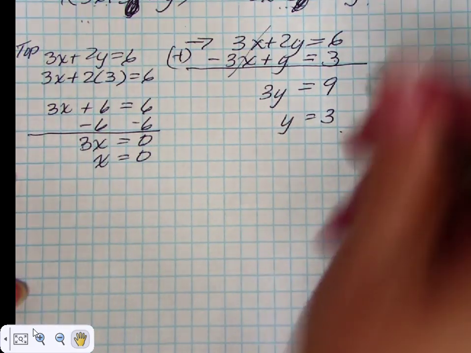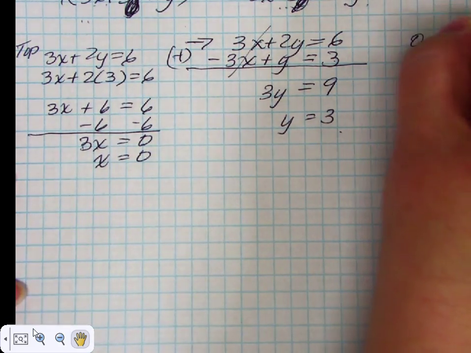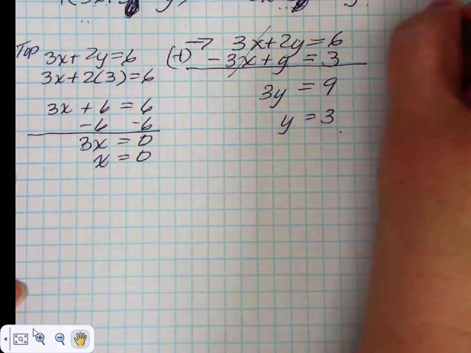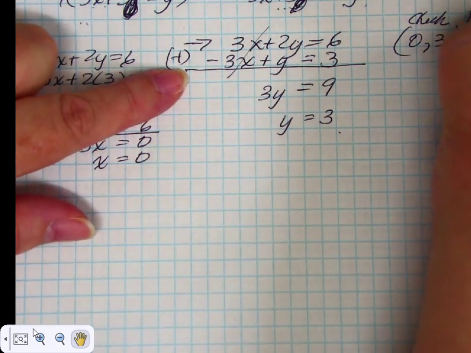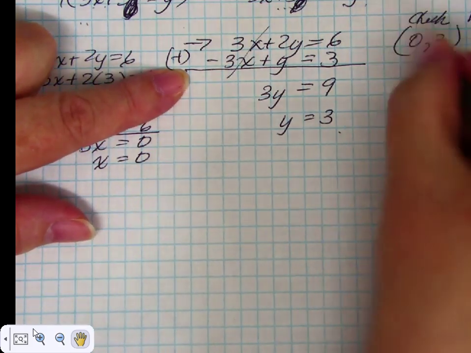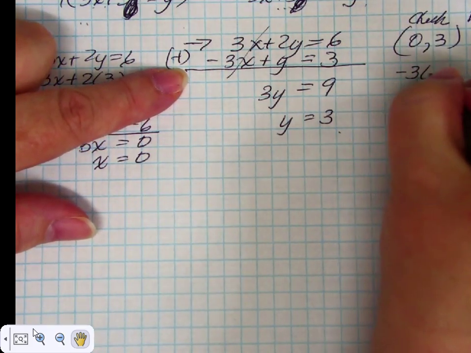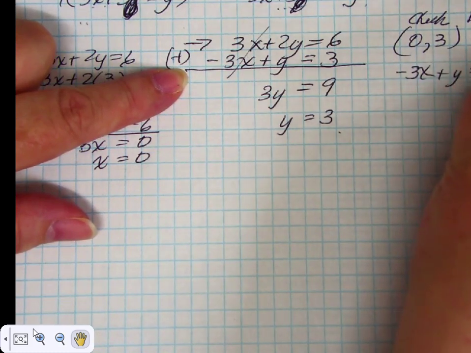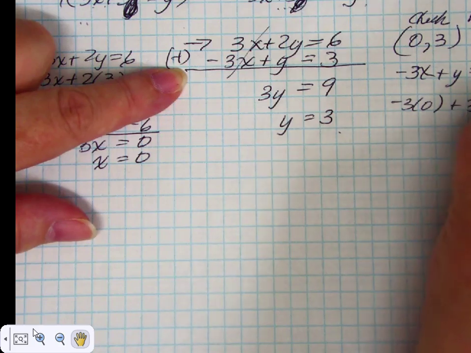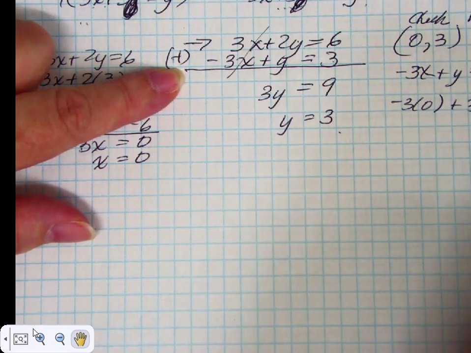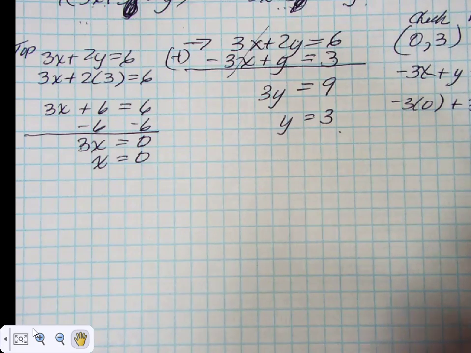So my coordinate then is 0, 3. So let's check this. Remember, I want to check with the bottom. So if I say negative 3 times, well, let's say x plus y is equal to 3. If negative 3 times 0 plus 3 is equal to 3, then I'm good. And I am. Okay?